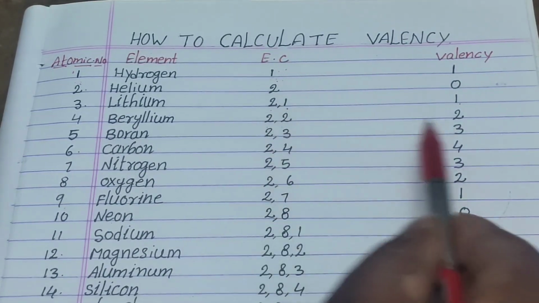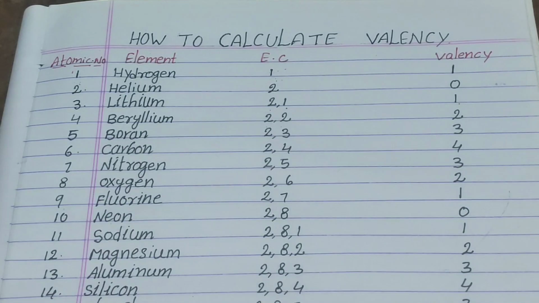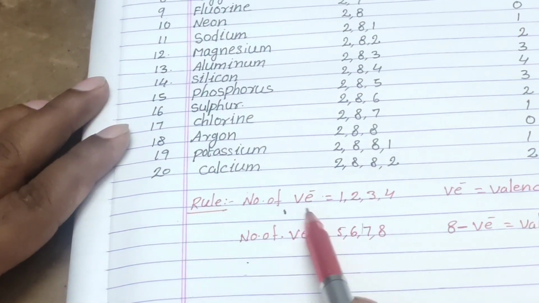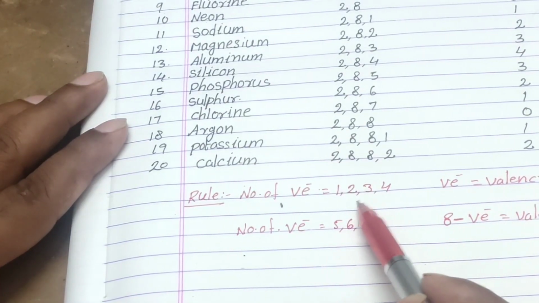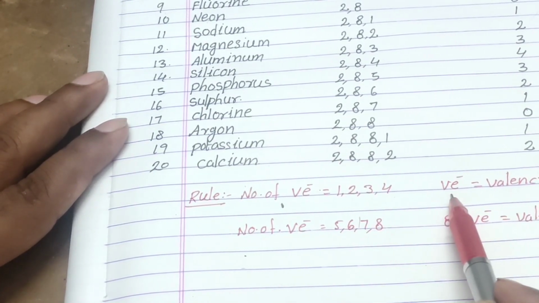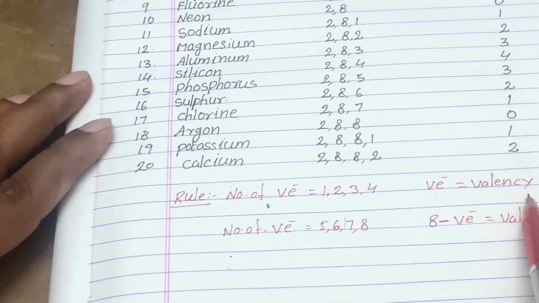So the valence is 2. And here I am explaining one trick. If the number of valency electrons is 1, 2, 3, or 4, then the valency electrons are equal to the valency.